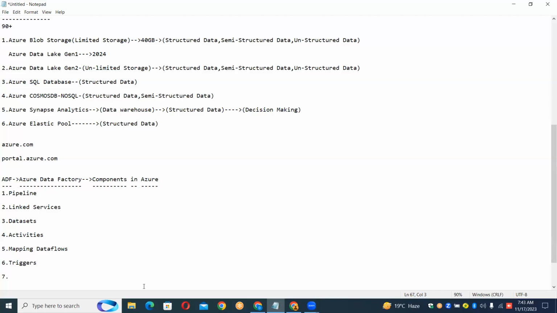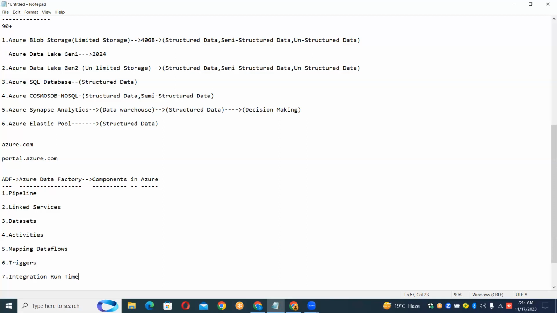And the seventh one is integration runtime. These are the seven components we require to know for starting up the Azure Data Factory.